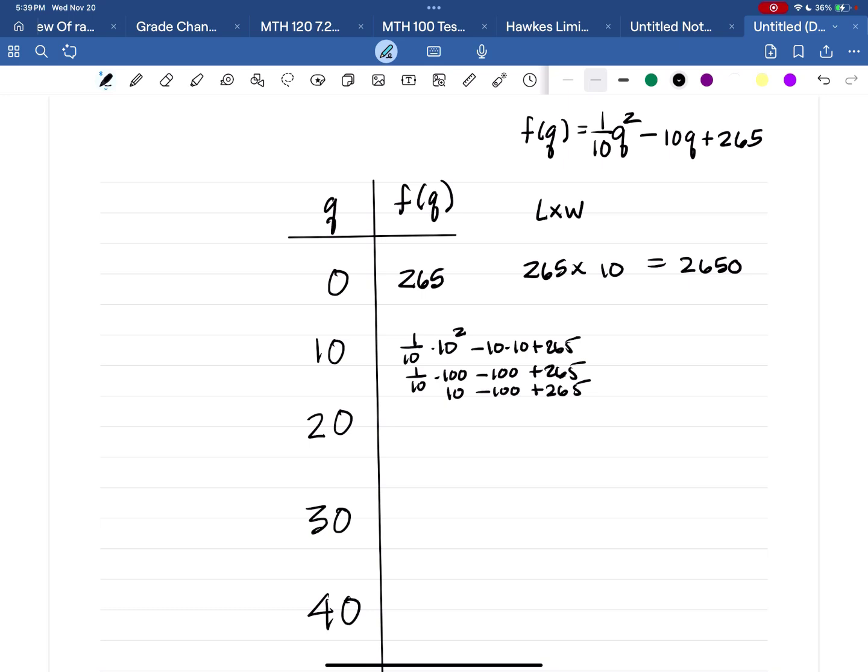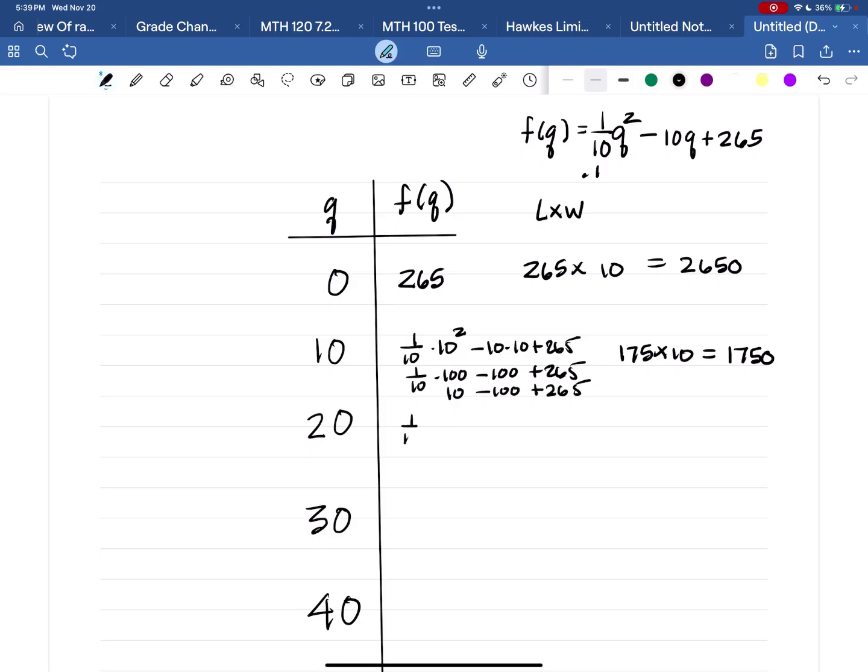So that's going to be 175 times 10 is 1750. And absolutely use your calculator on this, okay? And you can use 0.1 instead of 1/10, or you can use your fraction key.